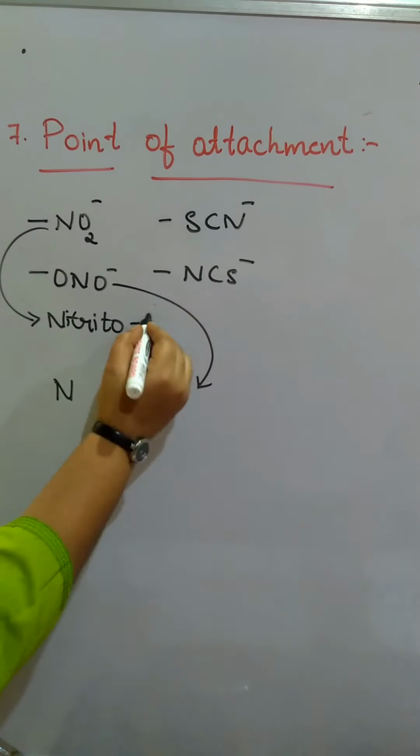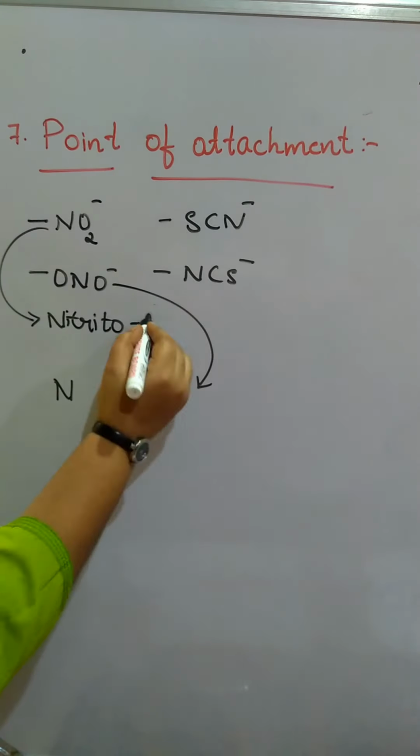So we shall write these examples in a proper way. We have already written these things in our ligands also. When we were writing types of ligands, and rules for writing the names of the ligands, we discussed that.